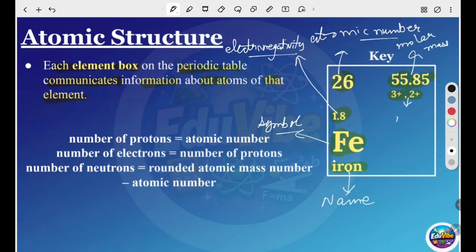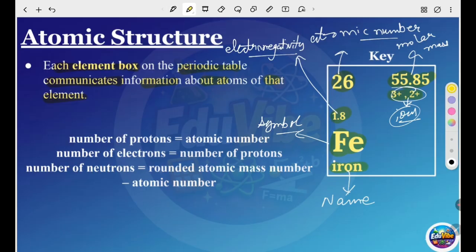And these are the ions. Some elements have only one ion, like only positive 2 or negative 2, but some have two ions. We call them stable ions, or stable charges. These are the positive ions for iron. Some have negative ions too.